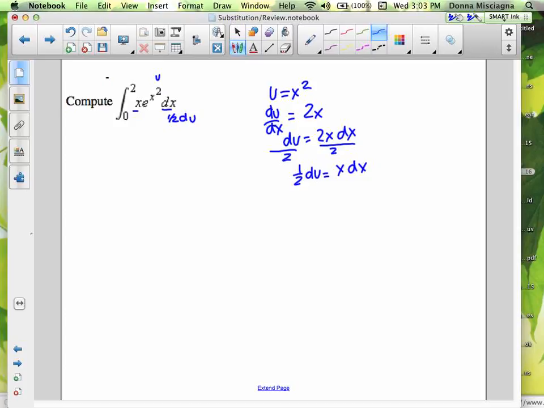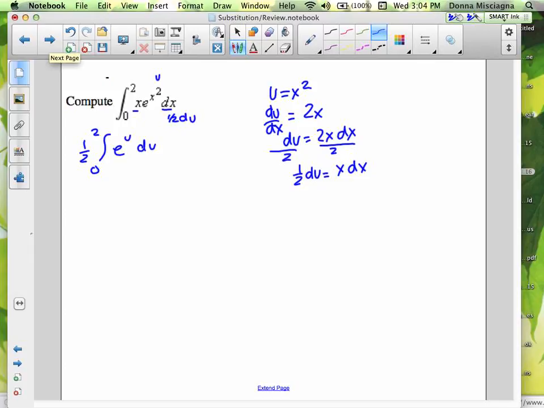All right, so on this one, we'll do option number 1. We'll substitute the function back and then use these limits. So we would have from 0 to 2, we could pull the 1/2 out because it's just a coefficient, and that would be e to the u du.